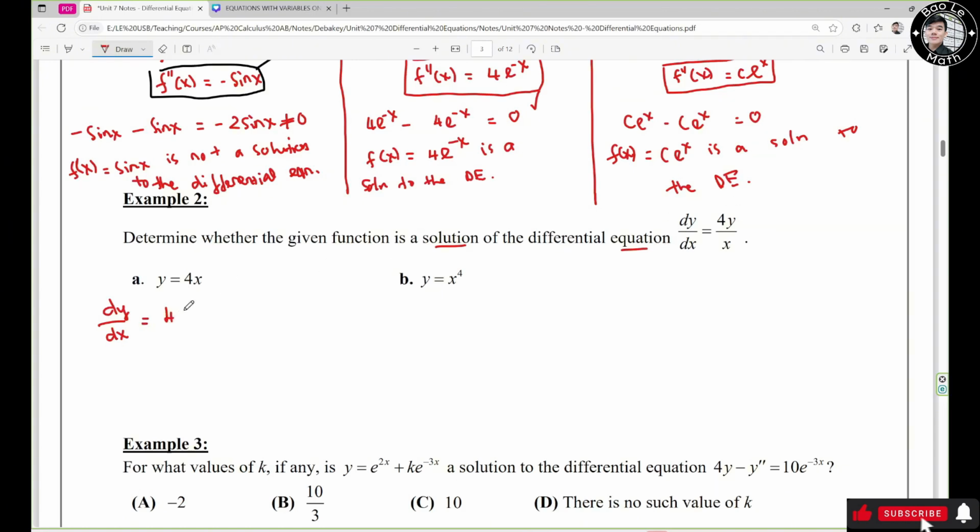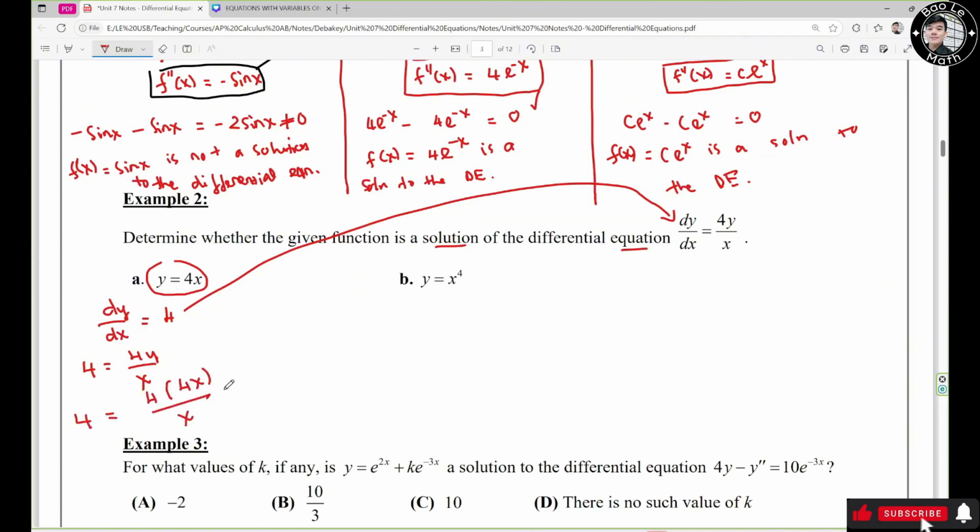Now I'm going to substitute into this one over here, so I have 4 equals 4y over s, but y equals 4s. So this turns out to be 4 equals 4 times 4s over s, which is 16. Now 4 is different from 16, so you say no, y equals 4s is not a solution to the differential equation right here.